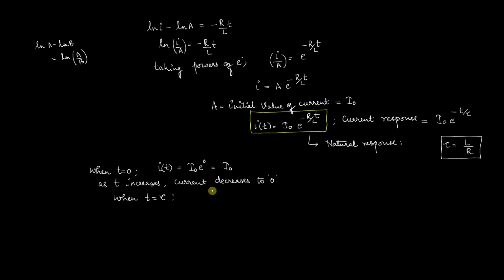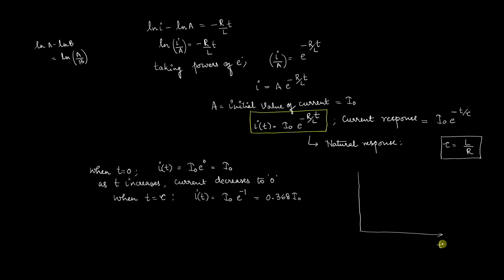I will get I of t equal to I naught e power minus 1, which is equal to 0.368 I naught.